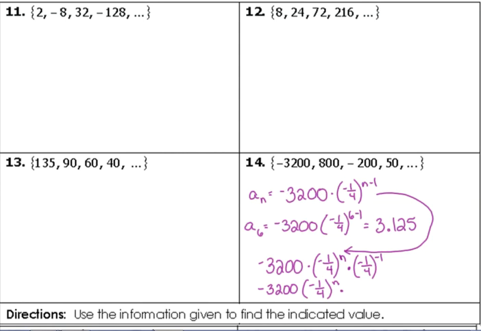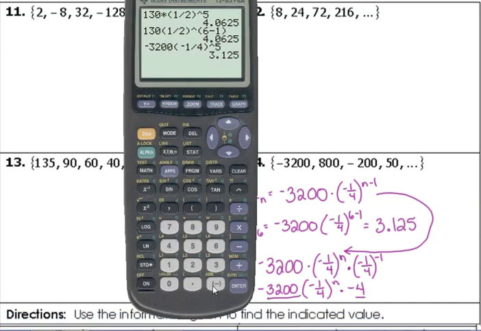So negative 1/4 to the negative 1 is actually negative 4. It doesn't get rid of the negative. It just flips it over. And then we can multiply the negative 3,200 times the negative 4.